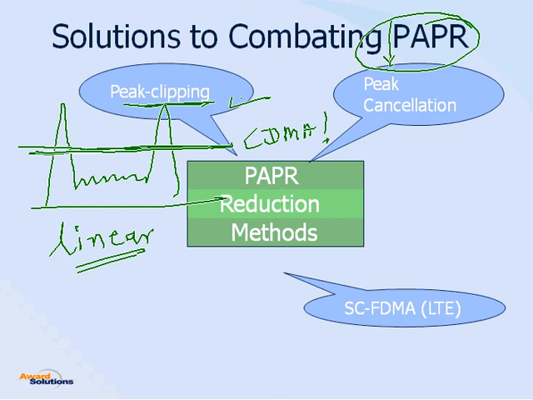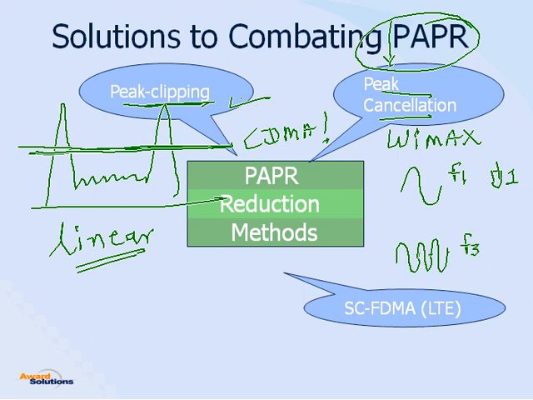Okay, so that's one way. Another way that WiMAX, for example, supports, and it's not mandatory that commercial deployments have to use this, but it could be implemented, is so-called peak cancellation. So let's say there is one subcarrier F1 given to one user, and then there is another subcarrier, let's say F3, given to another user. Sometimes they may line up and you may need more power. In that case, we add a dummy subcarrier. The dummy will send out a different kind of waveform.